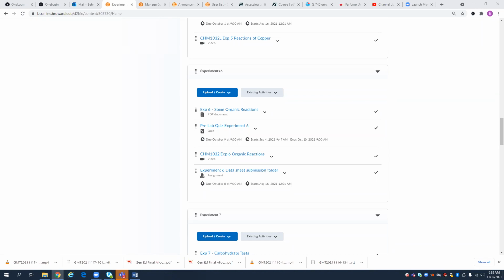I will give only one of the cases, not both. It's not either or, it's either negative or positive. And if it gives a positive Tollens test, what is this compound?